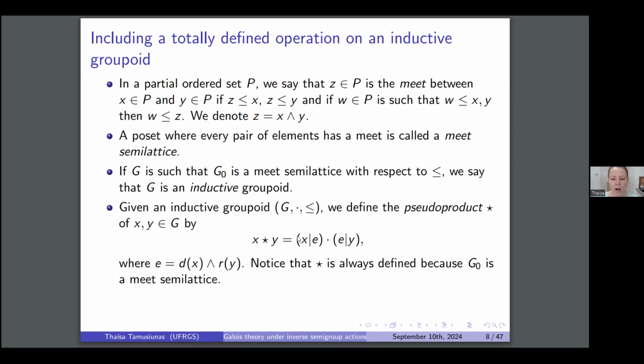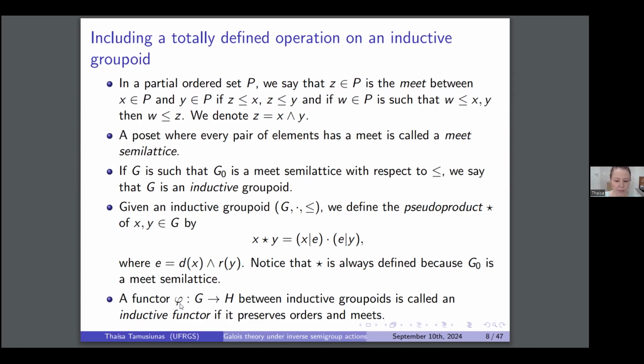The domain of this element is E, and the range of the second element is E, so this product is defined. So in this case, the product star is totally defined for any two elements of the groupoid.